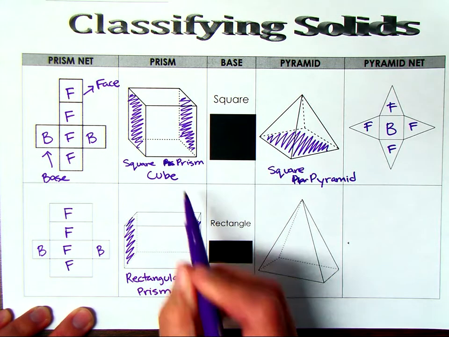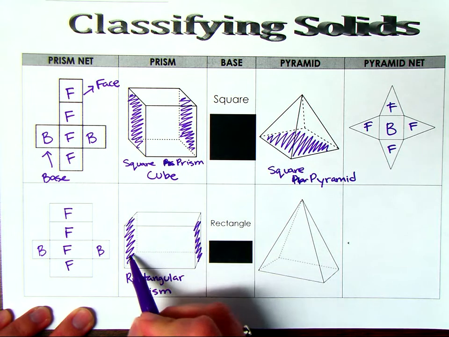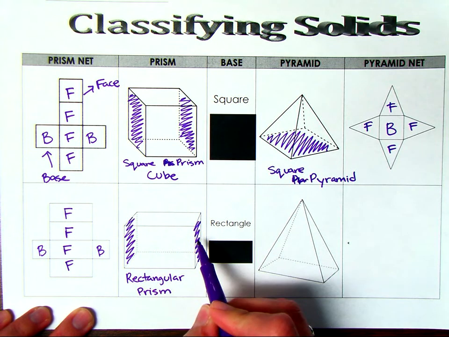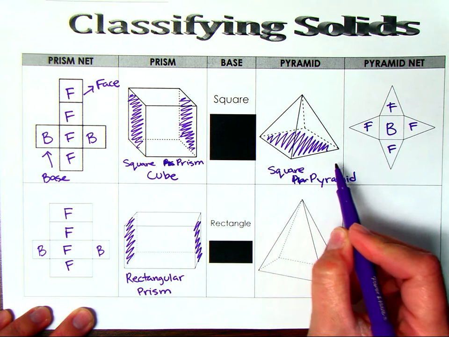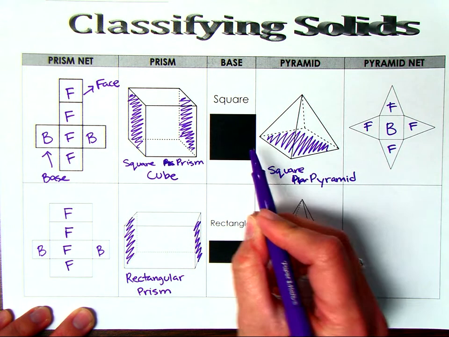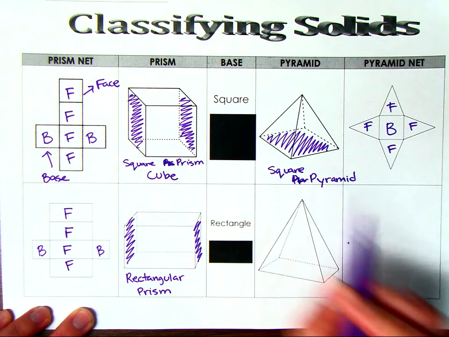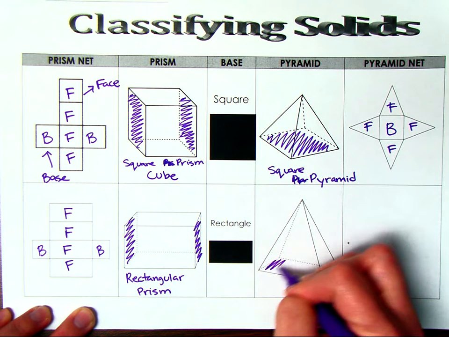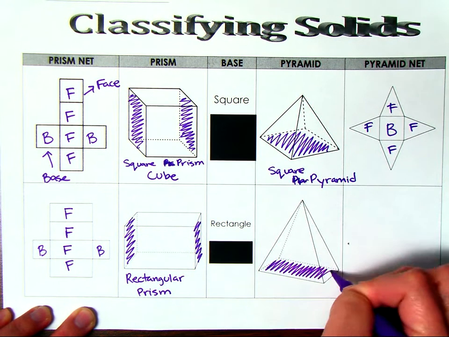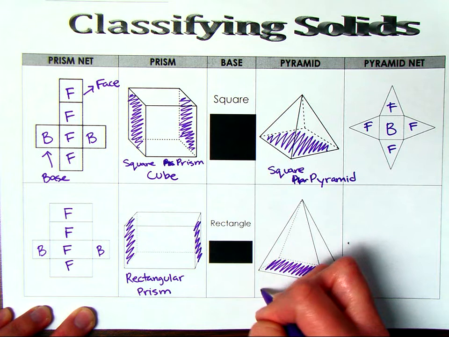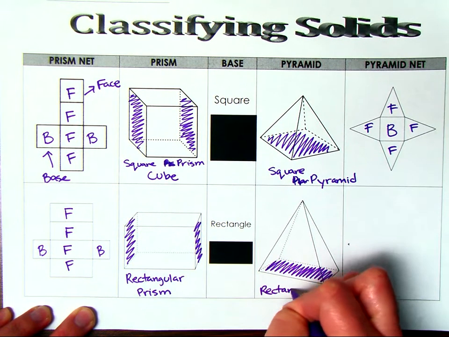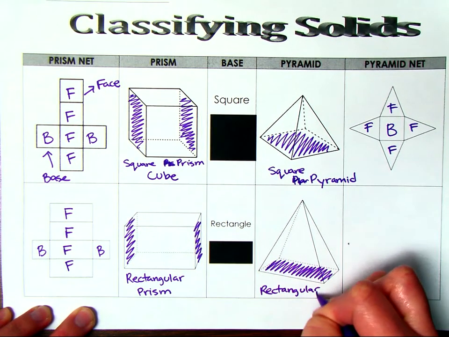So we can notice, if you haven't noticed already, that the prisms have two bases, and the pyramid only has one base depending on what that one shape is. So here's that rectangle again, right? And so this is called a rectangular pyramid.